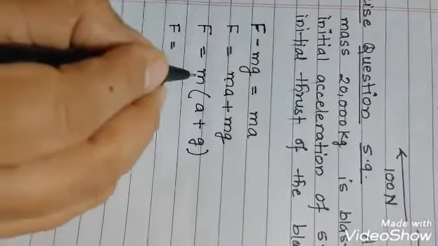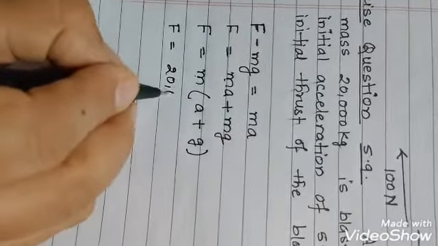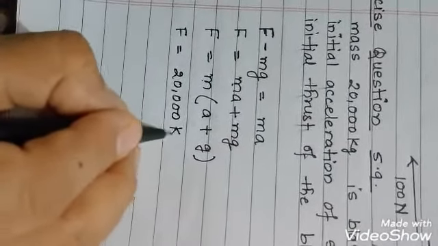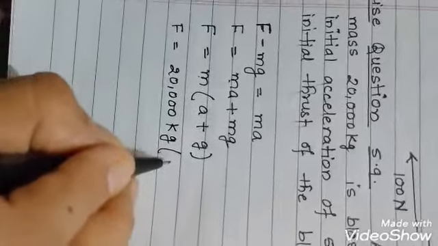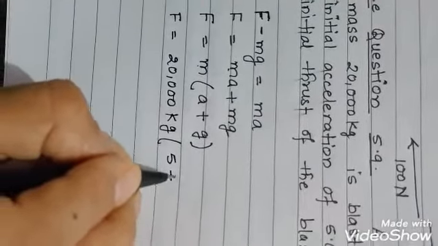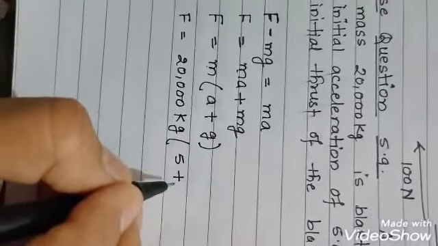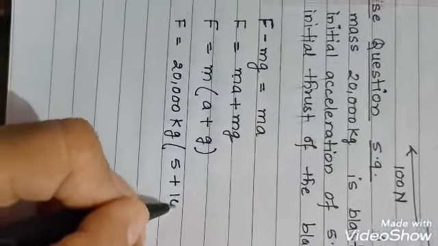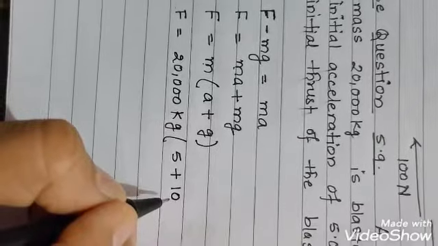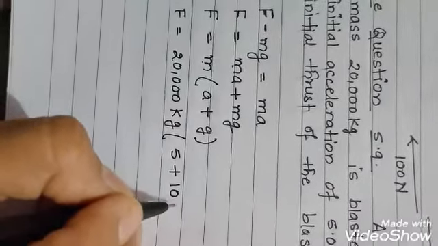Here m is given to us as 20,000 kg, and the initial acceleration is given as 5 meter per second square. g you can take 9.8 or 10 meter per second square; I am taking 10 meter per second square for convenience.